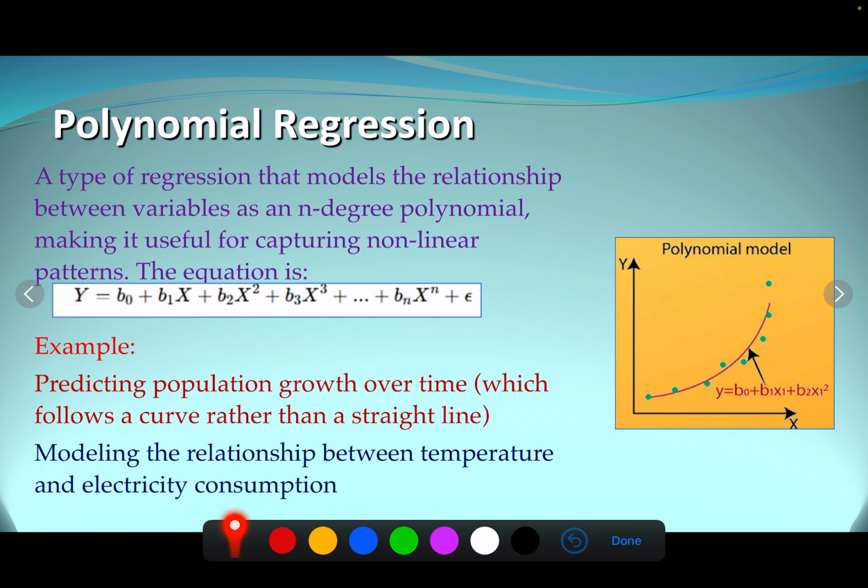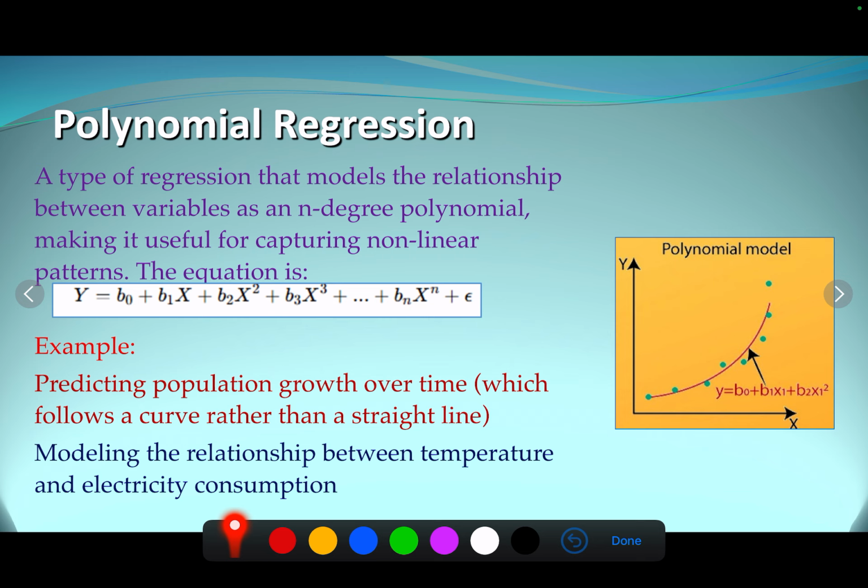Linear regression or multiple regression is suitable whenever there is a linear relationship, but whenever we do not have a linear relationship, for example as shown in this diagram, when we have a non-linear relationship between x and y, then polynomial regression is very useful, and the equation can be written as y = b0 + b1x + b2x^2 + b3x^3 + ... + bnx^n + epsilon.